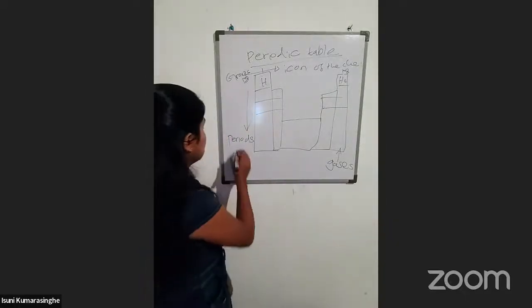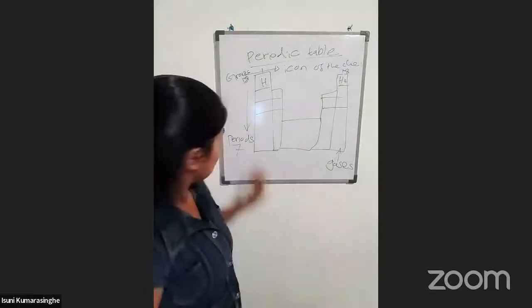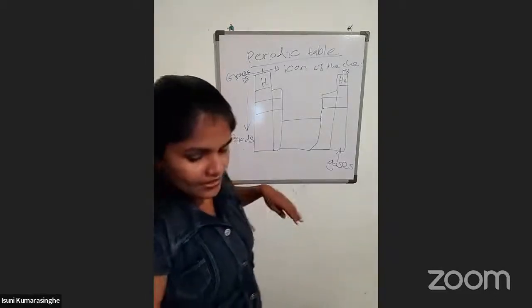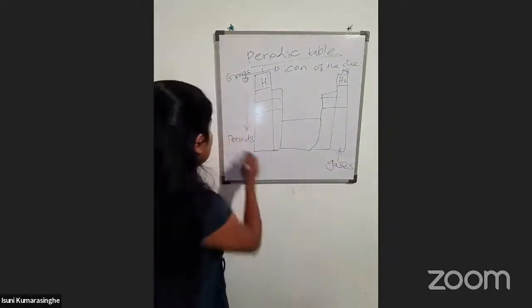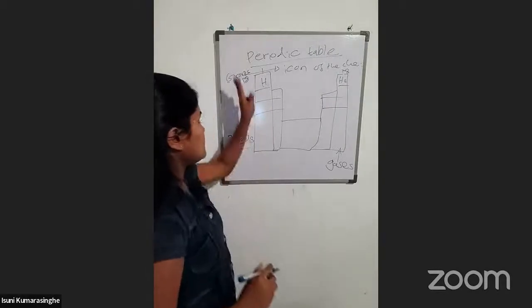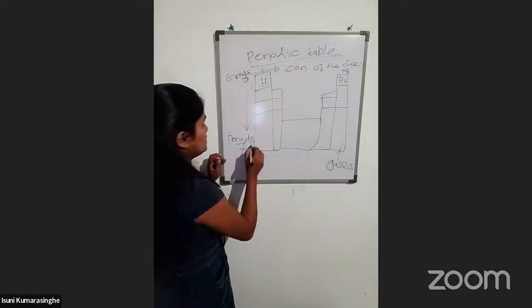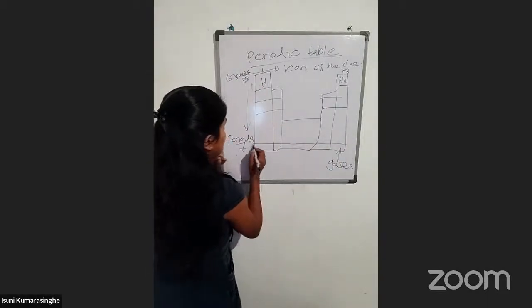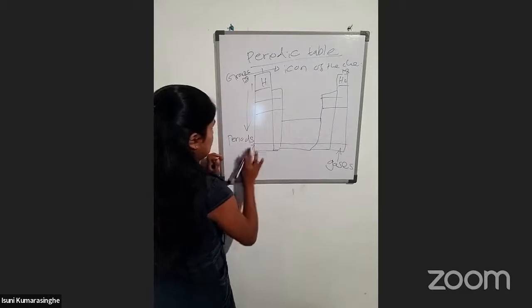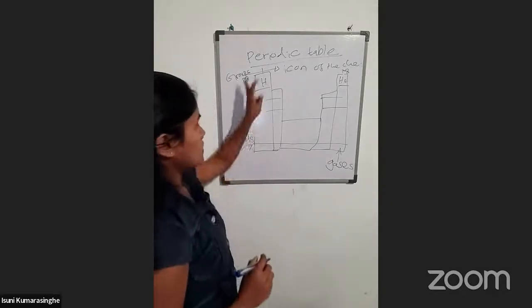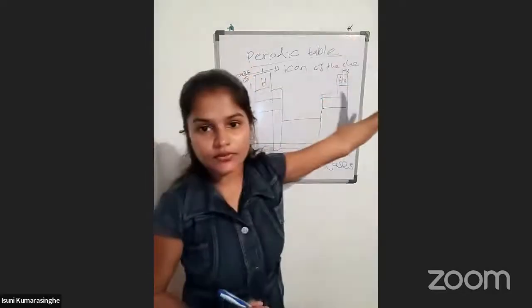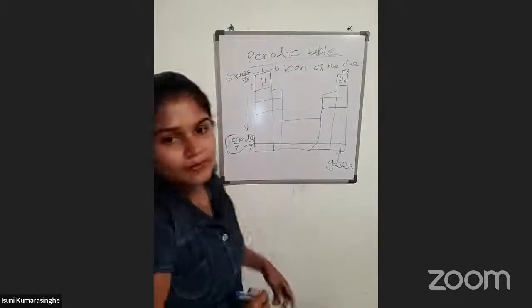Then under this part there are periods. You can understand there are 7 periods, 1 to 7. So, 1 to 18 groups, and 1 to 7 periods.